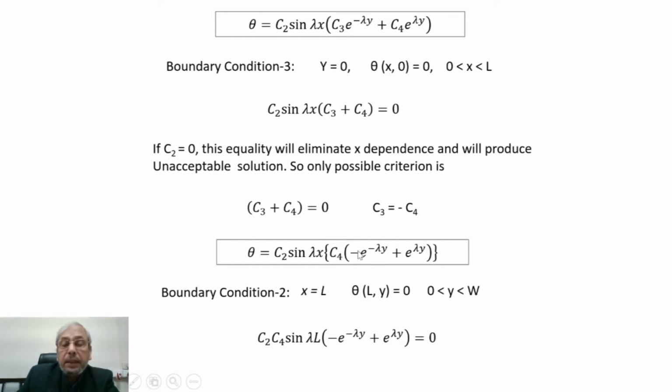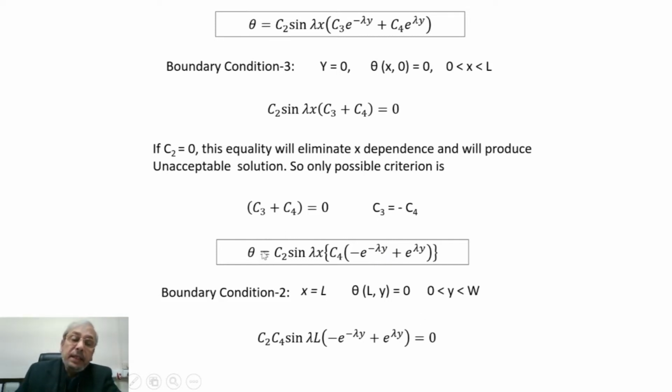Inside the bracket we can write minus e to the power minus lambda y plus e to the power lambda y. So this becomes the expression for theta, basically C2 C4 into sine of lambda x multiplied by e to the power lambda y minus e to the power minus lambda y.